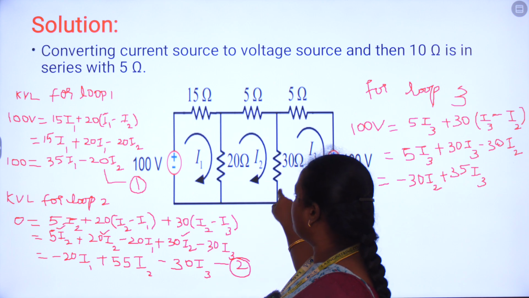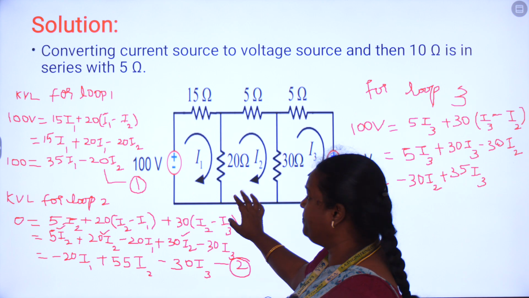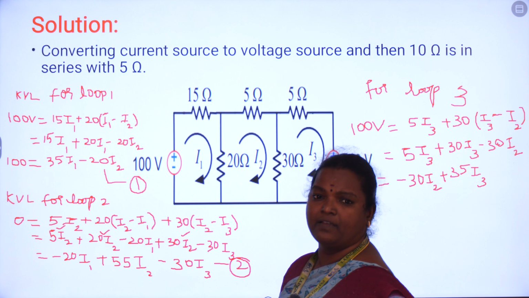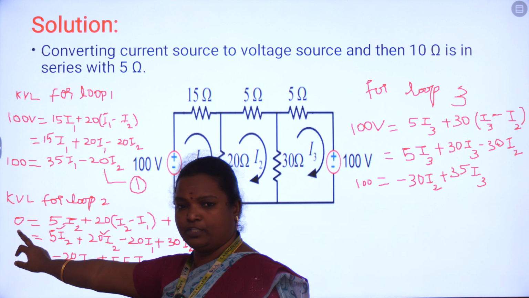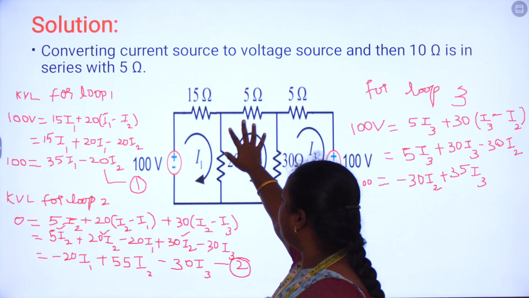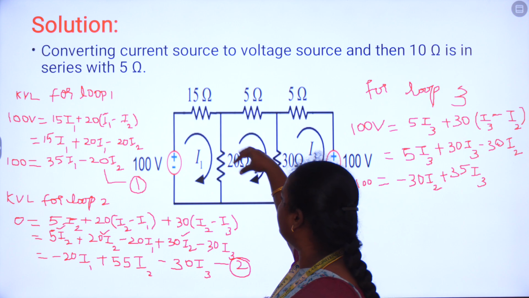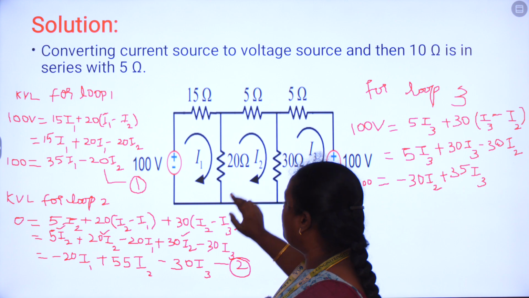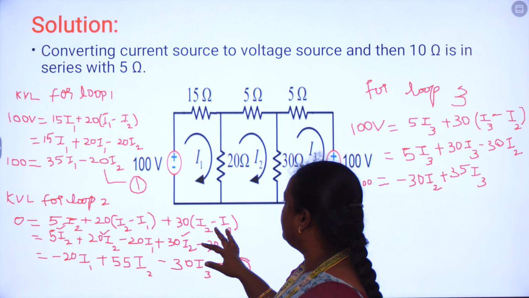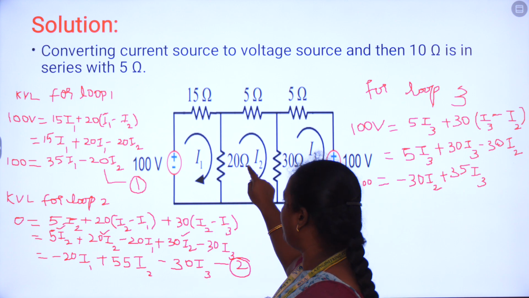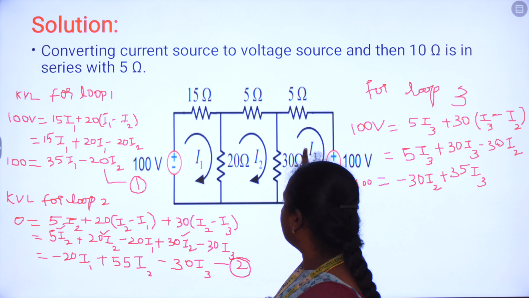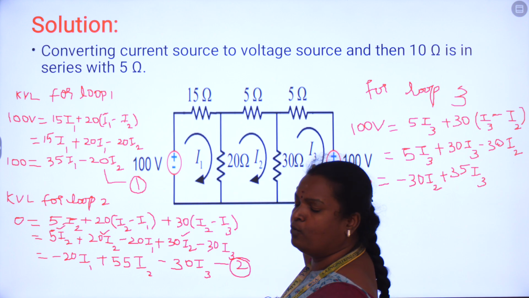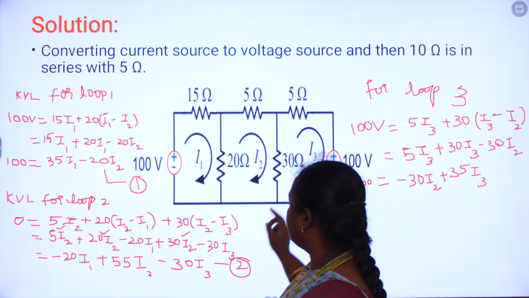Now writing the KVL equation for the second loop. Since the second loop doesn't have any source, the voltage rise is 0, and the voltage drop is the drop across all three resistors, 5 ohm, 20 ohm and 30 ohm. So 5 into I2, and the 20 ohm is shared with loop 1, so since we are writing for I2, 20 into (I2 minus I1), and the 30 ohm which is present between loop 2 and loop 3, so 30 into (I2 minus I3).